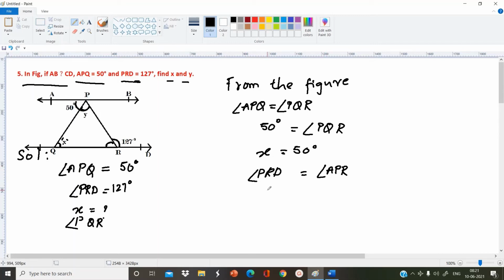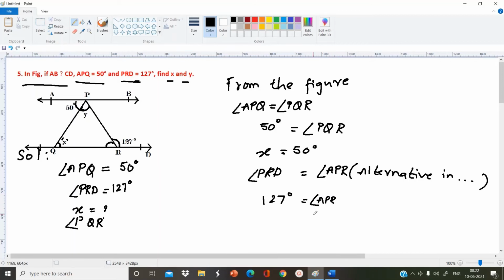These two are alternate interior angles. Okay, so angle APR equals how much? Angle APR equals 127 degrees.